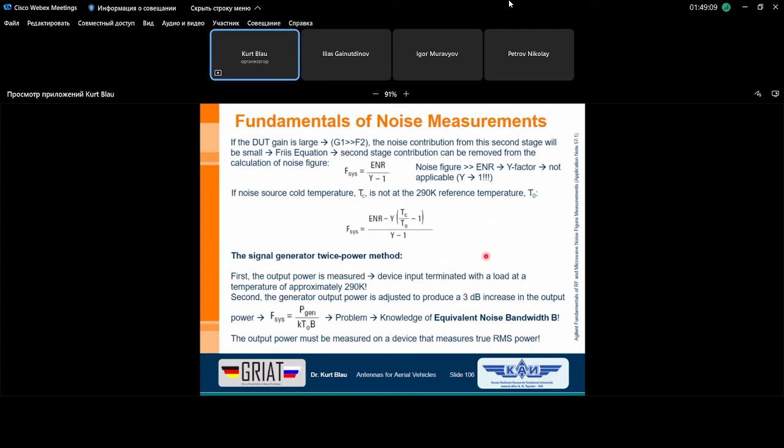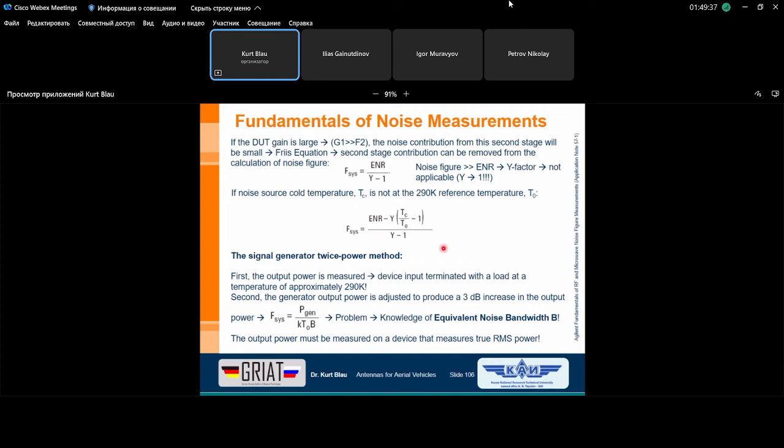Otherwise, we cannot exactly determine the noise figure of a receiver. In the case of a power amplifier, it's not necessary to go so deep with attenuation of the signal, but nevertheless, with such a generator, you can now measure the noise figure of a device.